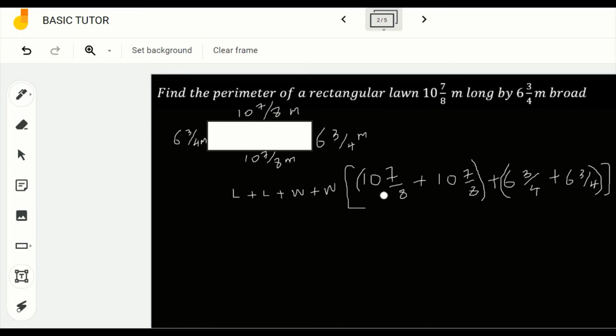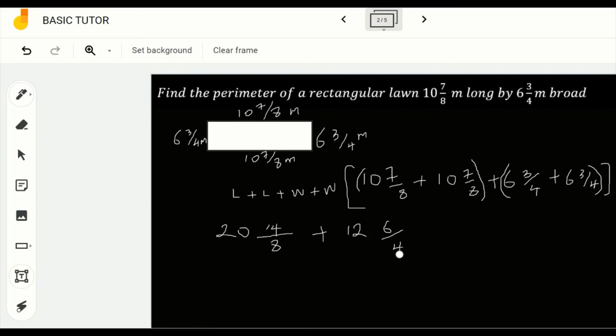Step 1, we add the whole numbers first. 10 plus 10 is 20. 7 plus 7 is 14, that's 14/8 because the denominators are the same. Plus, we have 6 plus 6, which is 12. 3 plus 3 is 6/4. All right, so that's the first step.